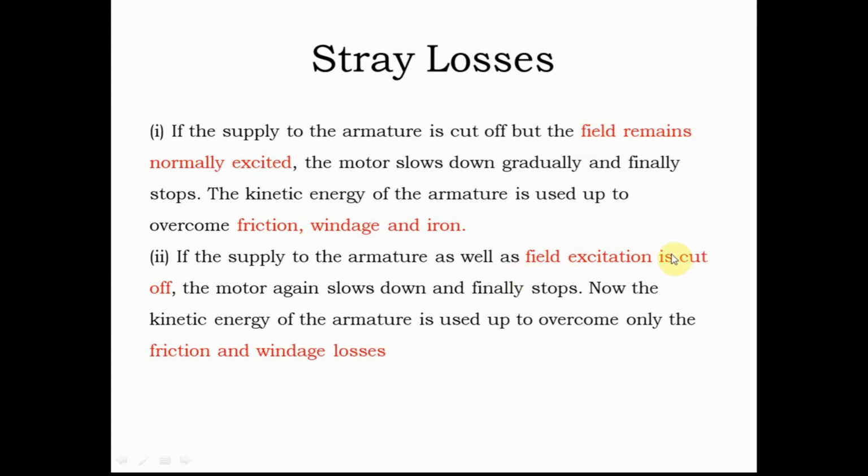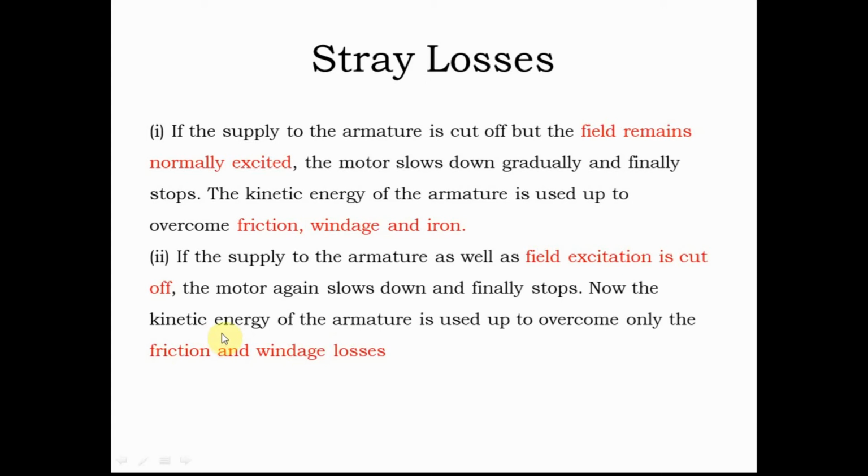So based on this criterion we define the stray losses. If the field remains excited, we will be including iron losses in the stray losses. If the field is also cut off along with the armature supply, then whatever losses we get after conducting the retardation test will only be friction and windage loss.